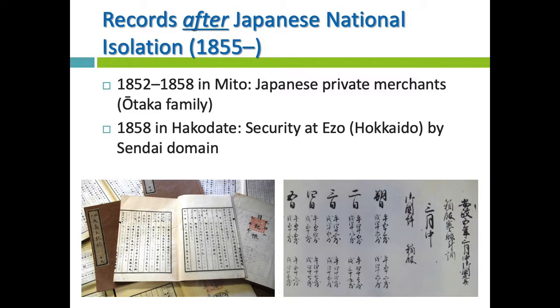After Sakoku, not only foreigners, but Japanese also made observations, personally and officially. Left picture is a personal and family diary written by Otaka merchant family in Mito, Ibaraki. It seems that they personally got an instrument, a thermometer, and took observation every morning.